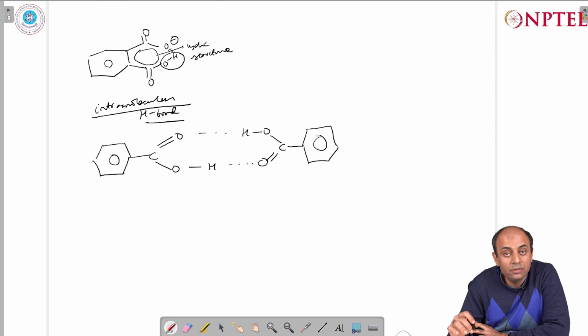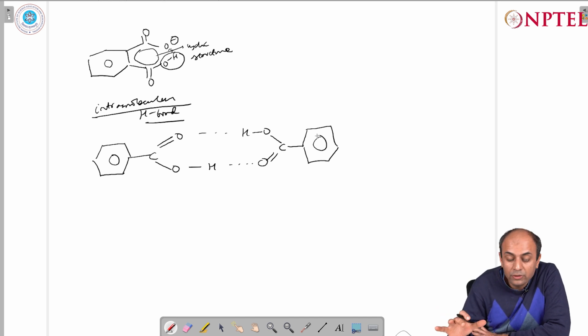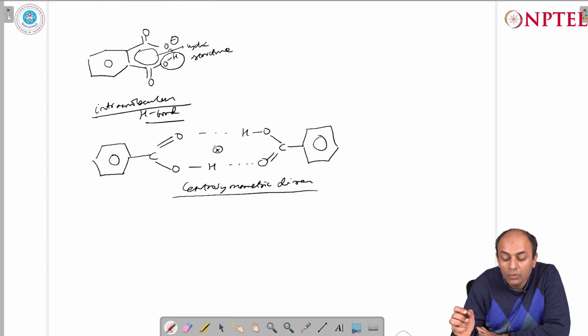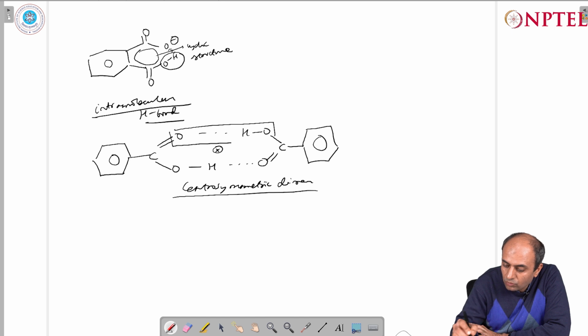This we have studied in high school as well, that benzoic acid or acetic acid exists as a dimer, and this is a centrosymmetric dimer because it exists across a center of inversion, and there are strong OHO hydrogen bonds, and these are also directional hydrogen bonds.